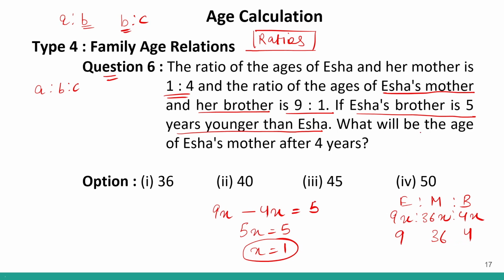We have to find the age of Isha's mother after 4 years. So this is the present value. After 4 years means we'll simply add 4. So if I add 4, I'll get 40. So Isha's mother age after 4 years will be 40, which is option number 2. Clear? So this is how you get questions on family age relations.